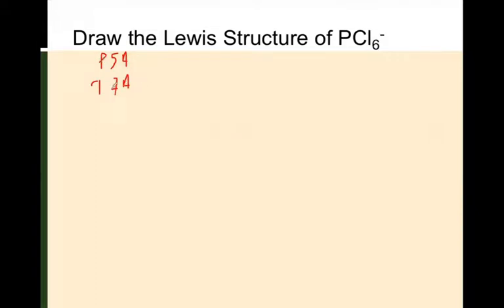So 5 plus 6 times 7 is 42, plus an electron for the -1 charge. So that gives us 48.